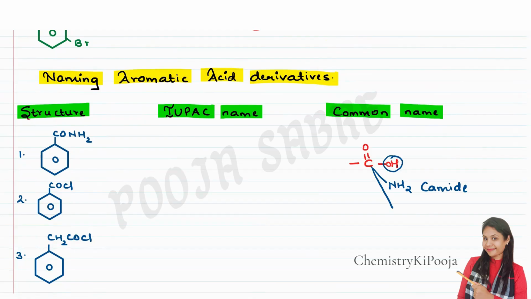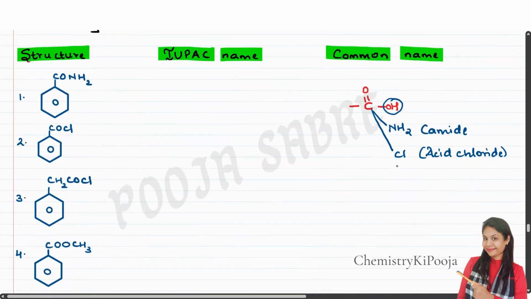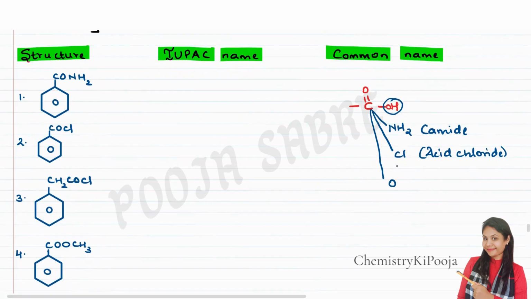If I replace it with Cl, then it becomes what? An acyl halide, or acid halide, or you can call it a chloride since Cl is present over here, or any other halogen it can be. Suppose the OH is replaced by OCH3, then this becomes an ester, isn't it?